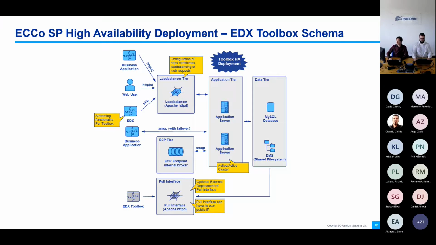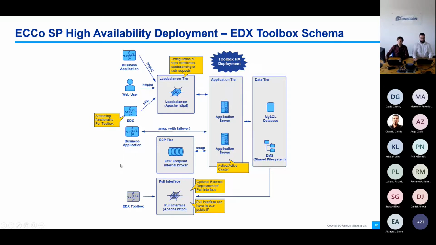Another option how to integrate with the ECCo cluster or EDX cluster is via AMQP. So you can use a failover connection string. And the last option, which is not illustrated there, is to use the shared file system, DMS.